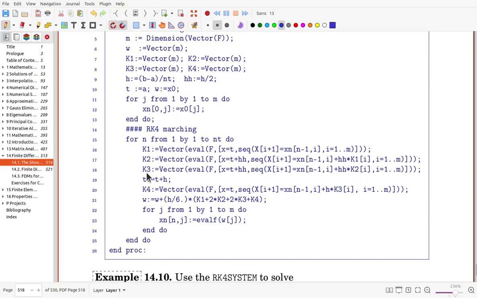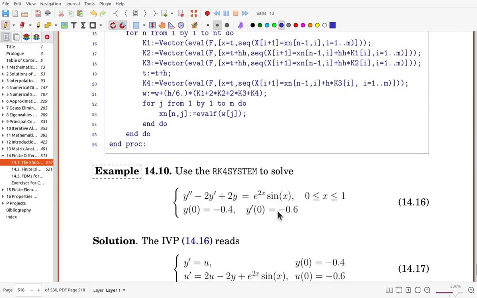Now at the same point it is evaluated, and at the last point, the right point, one more evaluation, and this linear combination times h over 6 updates for the next step. That's the implementation in Maple.